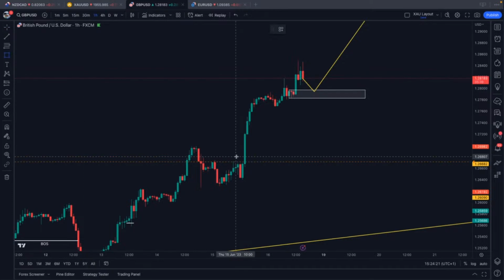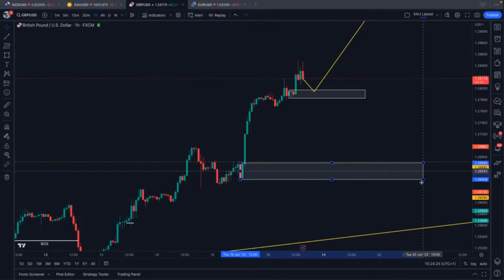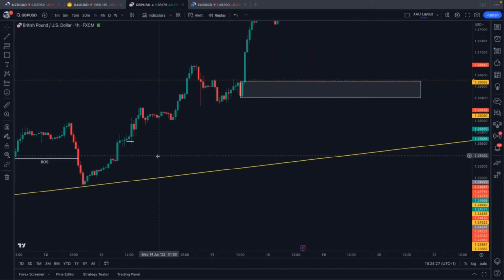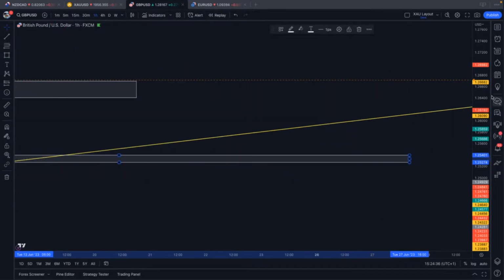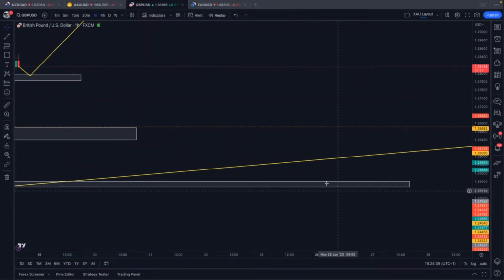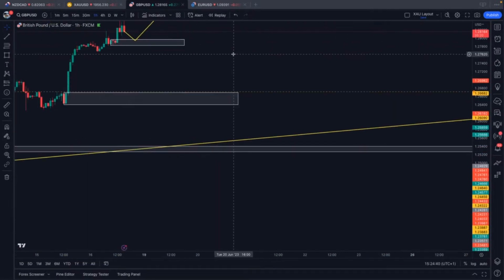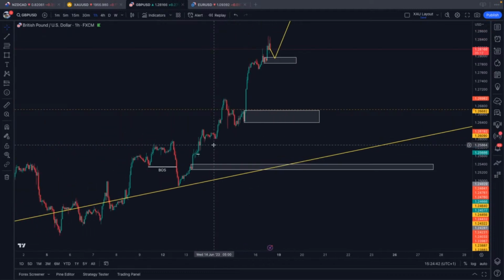We may see price trade us down and into this one here. Or there is another one here. So there are three areas at which price could come to trade down and into before taking us higher in this market. So realistically, we could look to short before we buy.